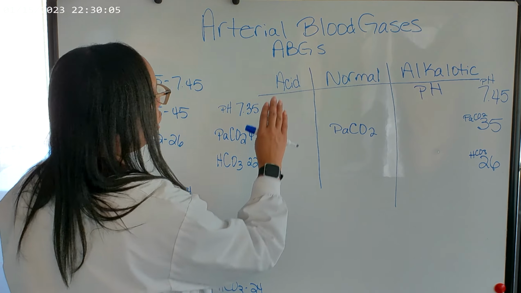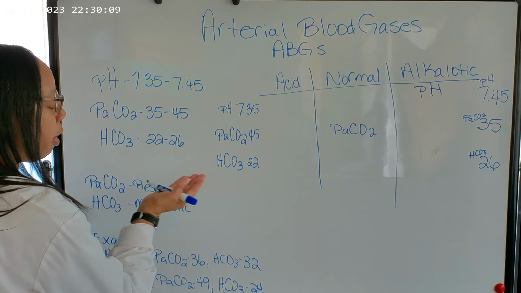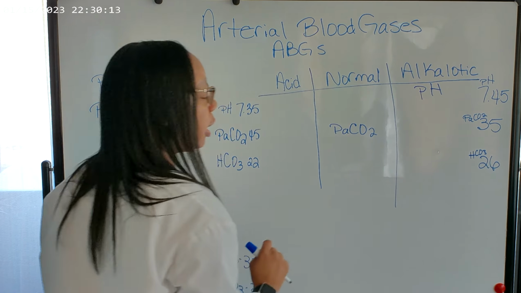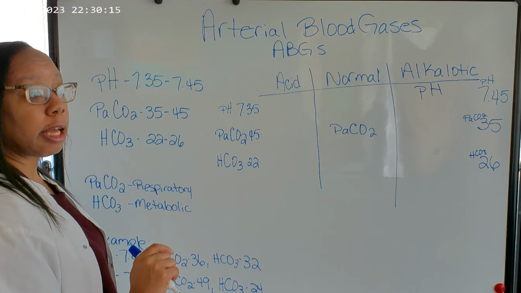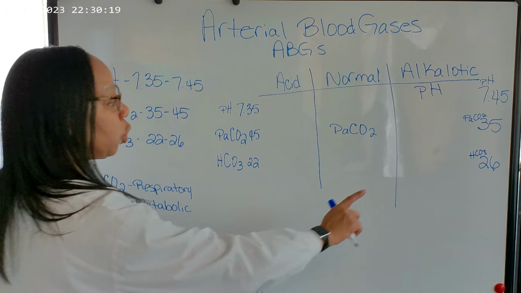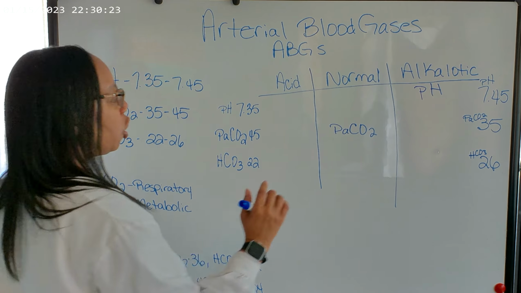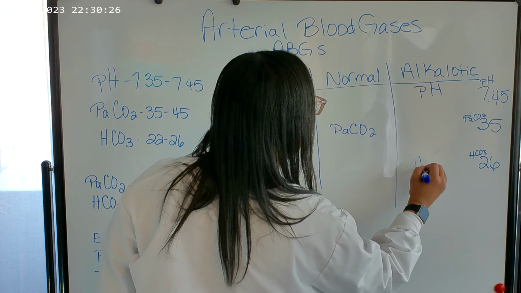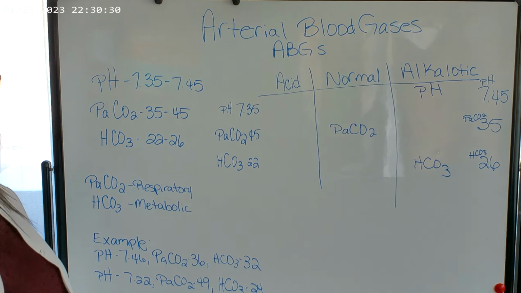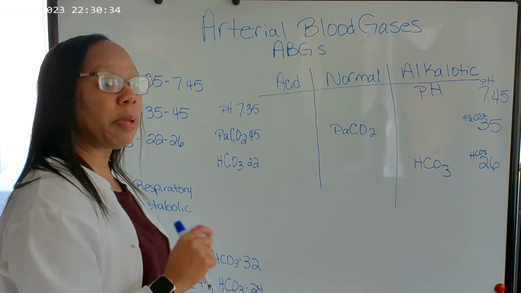Is it acidic, normal, or alkalotic? Anything below 22 is acidic. Anything above 26 is alkalotic. Anything in that range is normal. So if it's 32, it's going to be higher than our 26 range. Therefore, our HCO3 is alkalotic.